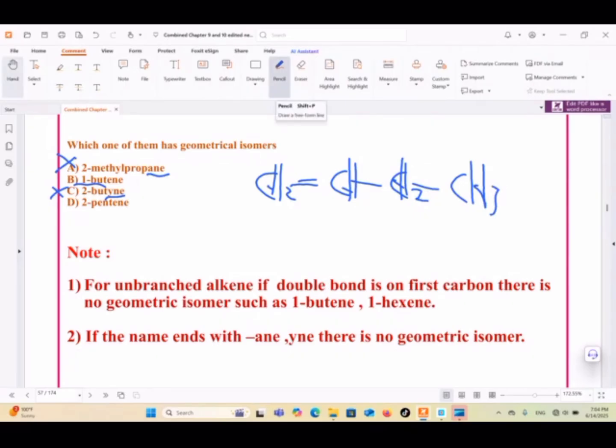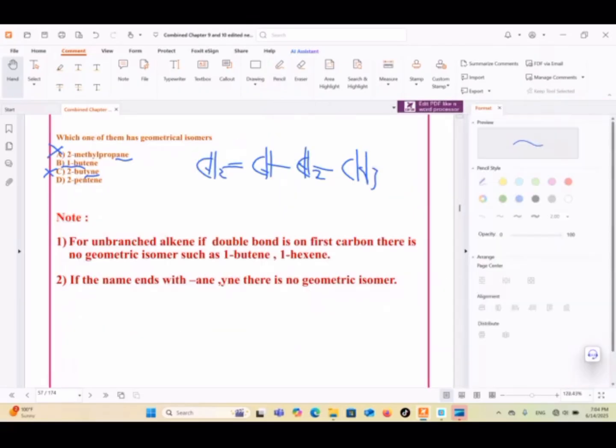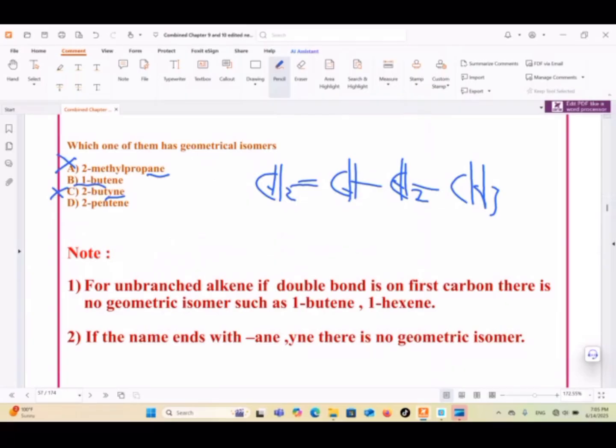How to know whether this will form a geometric isomer or not? Because, guys, there should be conditions. What are those conditions? We mentioned the conditions. We will be working on the carbons which form the double bond.